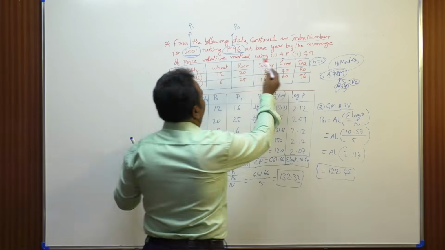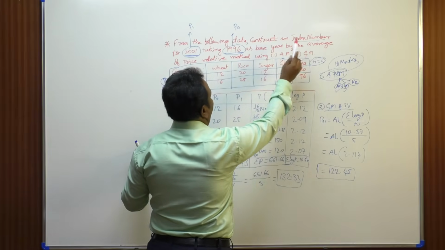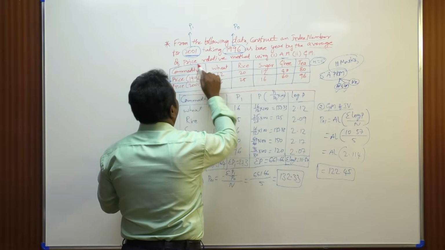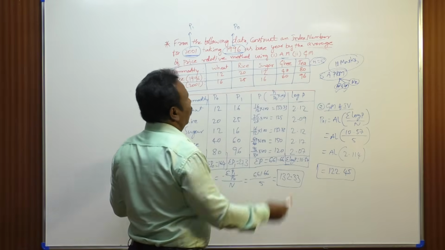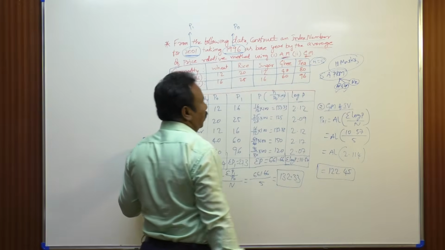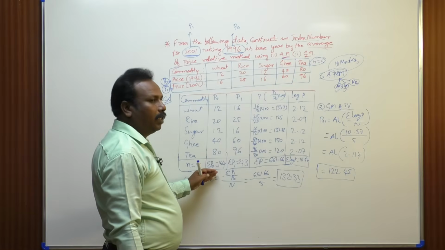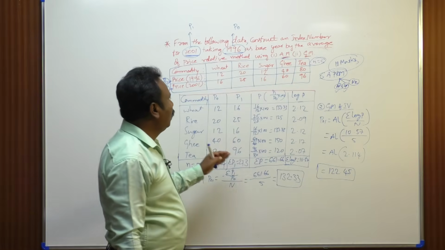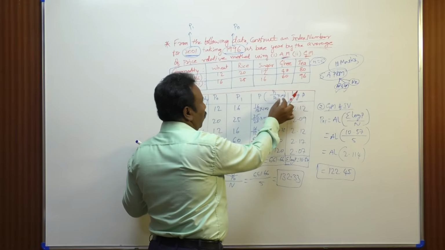Based on that, calculate the index number or construct the index number by the average of price relatives method, under that using the AM method and GM method. So, commodities P value, P0 is the base year value and P1 is the current year value. Now, P has to be calculated: P is P1 divided by P0 into 100.